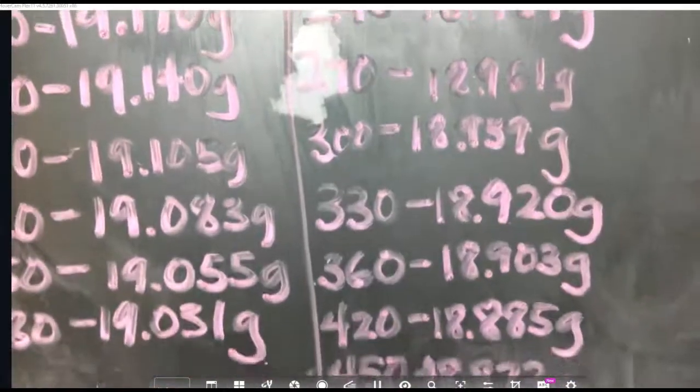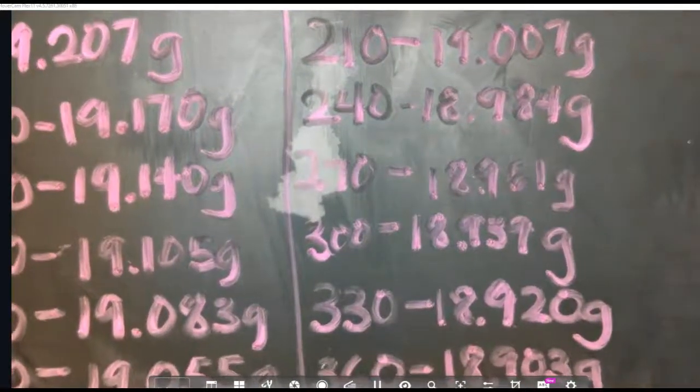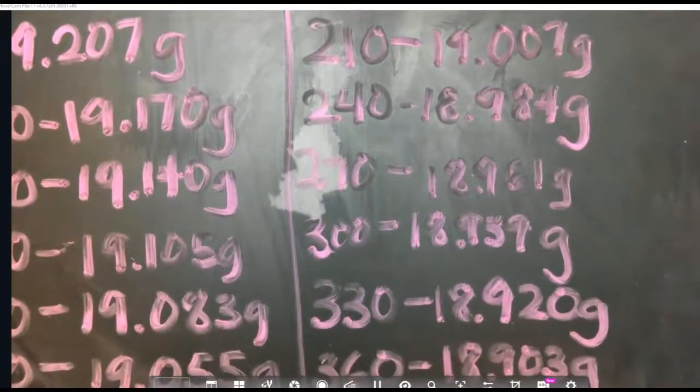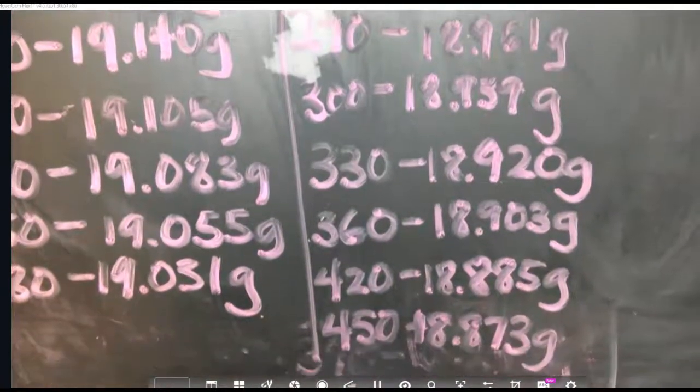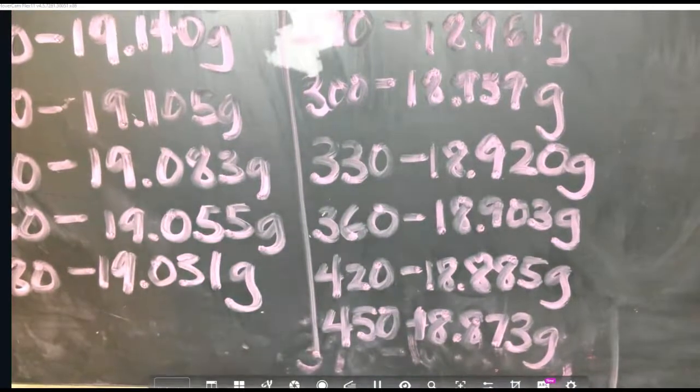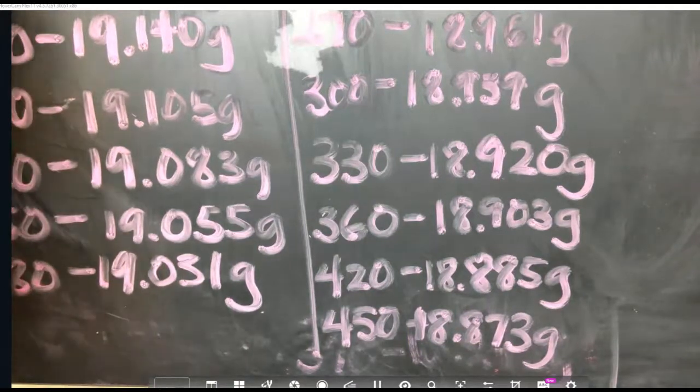Let me see if I can get it all on here, and I'll go ahead and pan to it. 210 through 330, and then we ended at 450 on this one at a total lowered mass of 18.873 grams. Okay, so that was a comparison between large pieces and small granulated pieces.